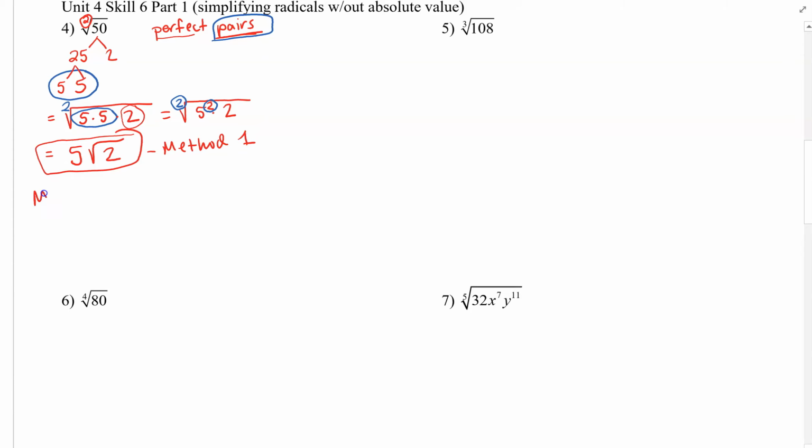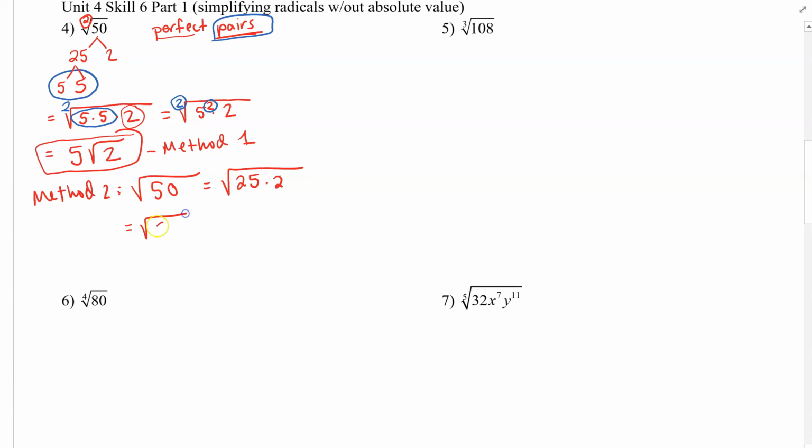And let me just kind of show you what method 2 would be. Method 2 starts the same way. You break 50 into the factors of 25 and 2. But then method 2 says, well, I know that 25 is a perfect square, so I know what the square root of it is.